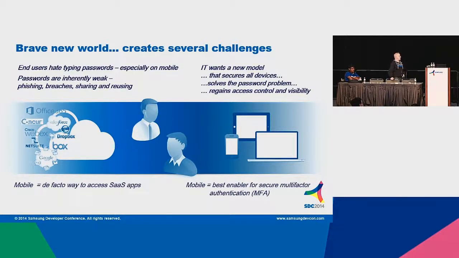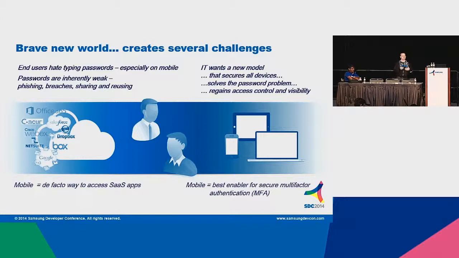So as I said, we leverage quite a number of the APIs to do so, including the KNOX Workspace containers for creating a secure enterprise environment. So we see mobile as the kind of the new de facto way of accessing, especially SaaS applications. If your enterprise organization or the company you're with is using services like Salesforce or Box or Concur for expense reporting or TripIt for travel or whatever the case may be, all of these services traditionally have their own method for accessing or managing user accounts.